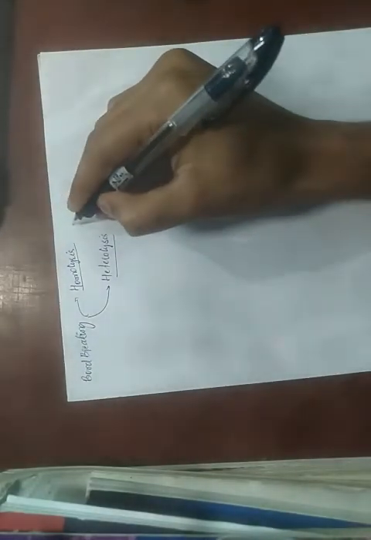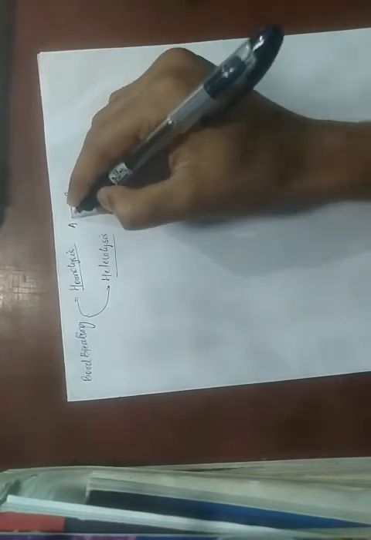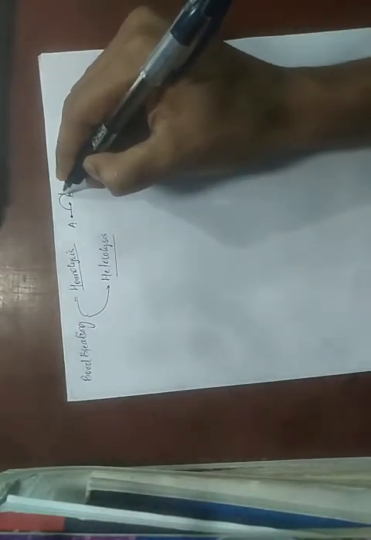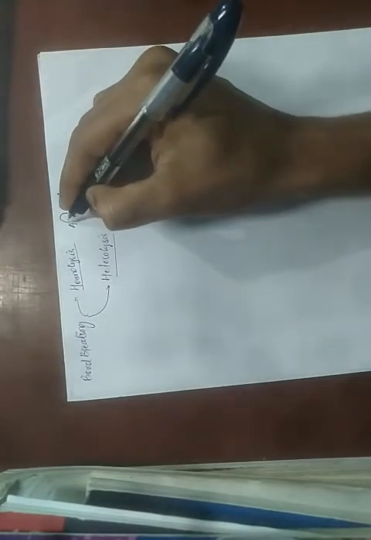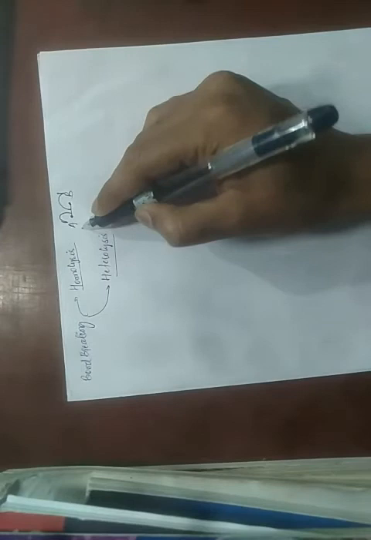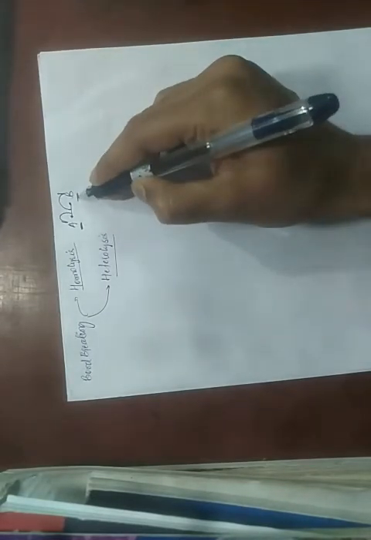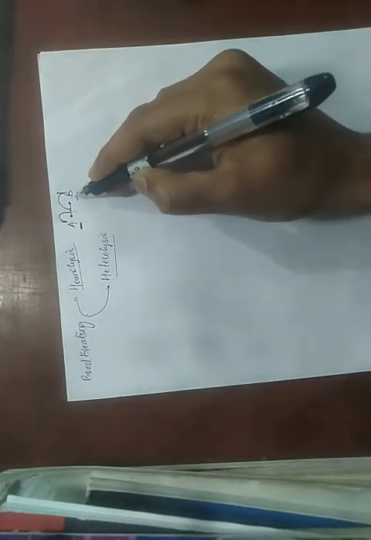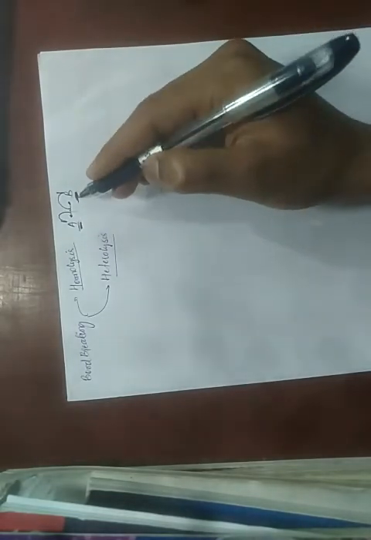Suppose we have A bonded to B. When the bond is breaking here, one electron is shifting towards B and one electron is shifting towards A. It means both the elements after breaking have an equal number of electrons distributed.